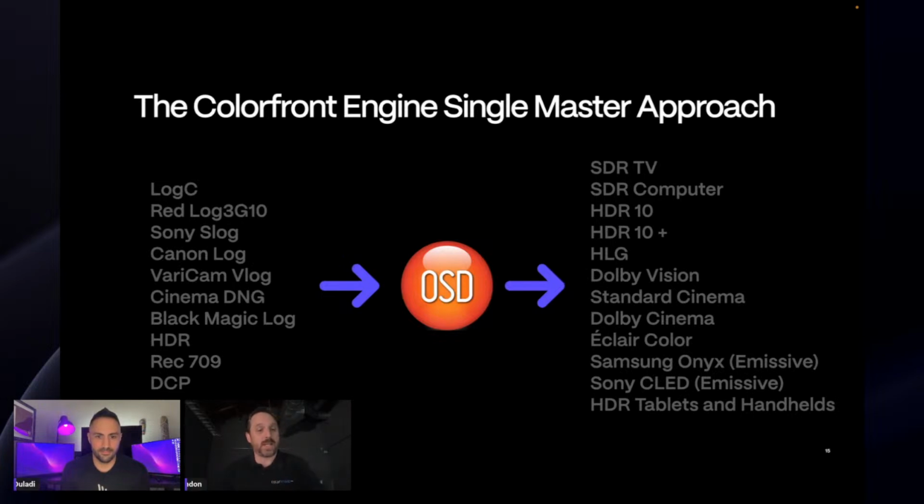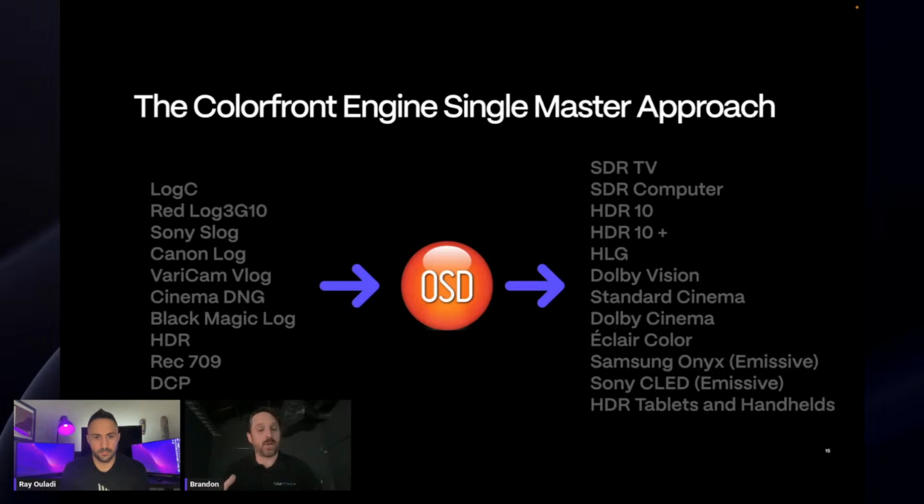Then you go into OSD or Transcoder or any of our other products, and it allows you to go out to a variety of different display devices, right? Your SDR televisions, your HDR10, your Dolby Vision, your Dolby Cinemas, all these different display devices. So how we see it is there is a single master approach. If you start with the biggest thing possible, which is your log captured image, you've exposed it properly, you've got all the latitude you possibly can have with it.